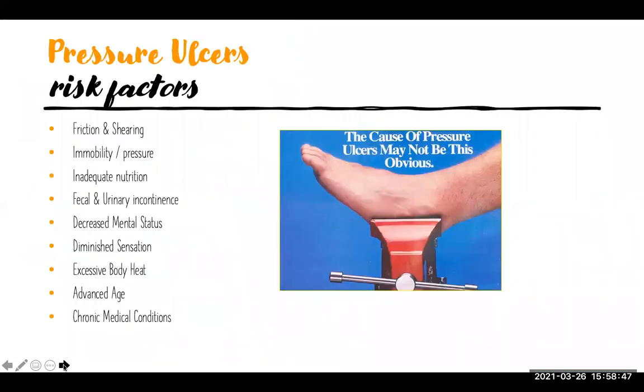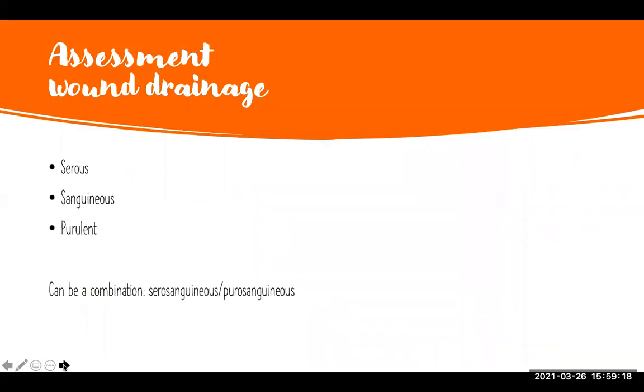Those people who are at risk, they're at risk for friction, shearing, immobility, pressure, inadequate nutrition, anyone with a fecal urinary incontinence problem, decreased mental status, diminished sensation, any problems with body heat, like excessive fevers, advanced age, and chronic medical conditions. Those are major groups that you can think of who are at risk for tissue integrity problems.